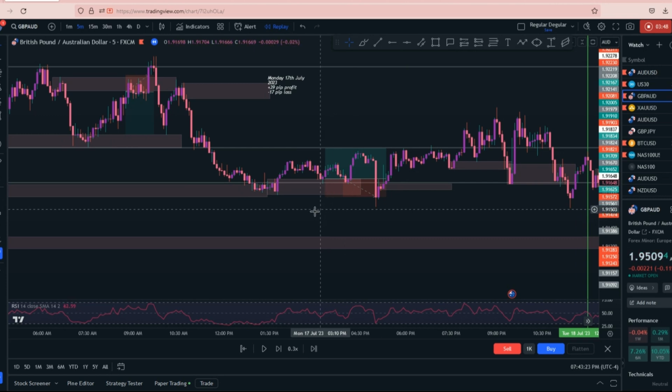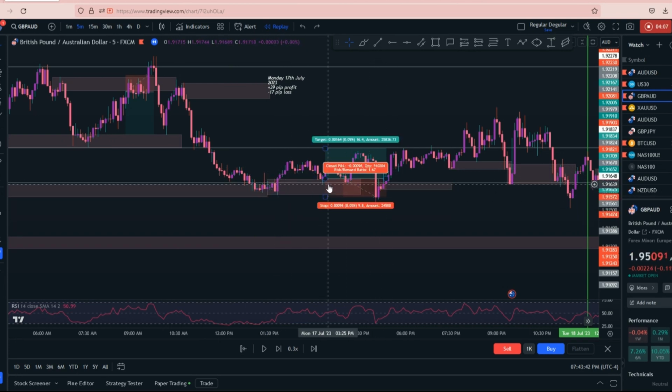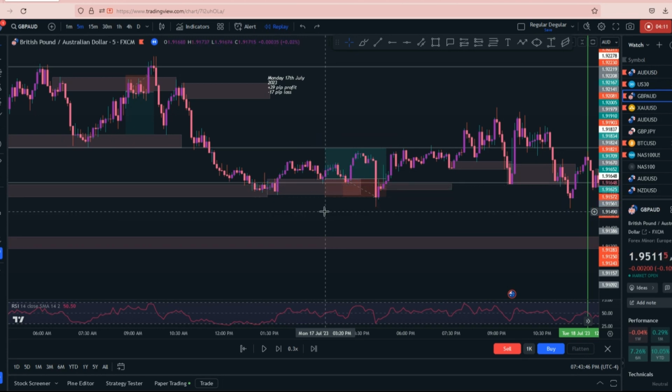And this one was because of a demand zone that I saw right here. I felt like that was a demand zone that was being made. Price would have broken this minor structure right here, and so I took price right here when I saw that bullish candle right there closing.